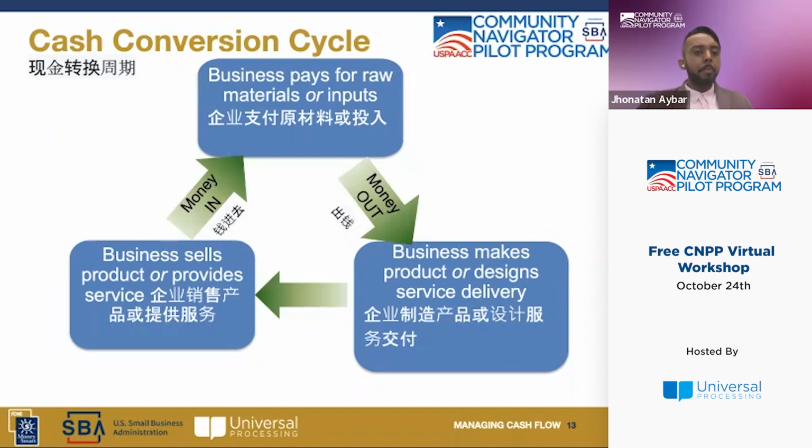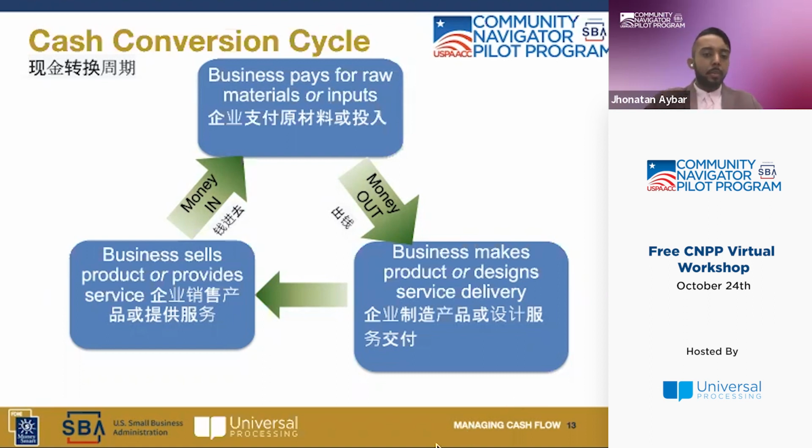And then the business is able to use all of these components to make products or design services. And we determine when these services are going to be provided to whom and how. And then when we convert that into products of our own, or into services that we provide through our business, then customers pay for those products and services, and then we convert those assets into money that goes back into the system.